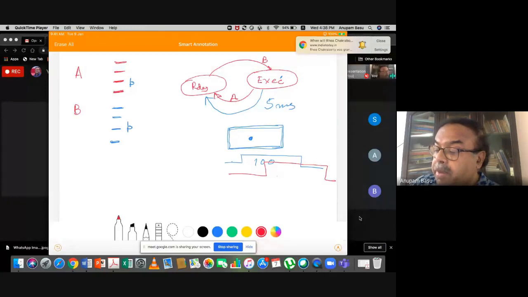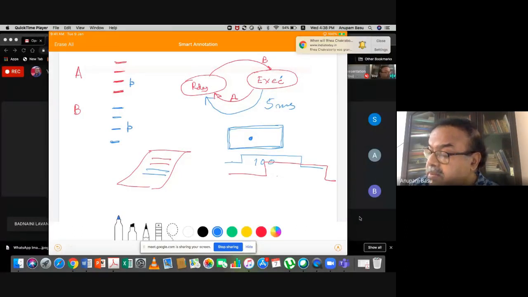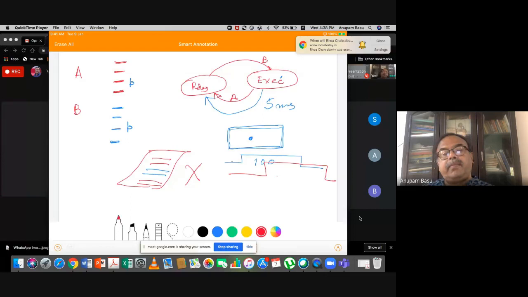So consequently on my printer, I'll have some red lines and some blue lines interspersed. That's not what I want, right? I don't want that. That is not what is desired. Is the problem clear?